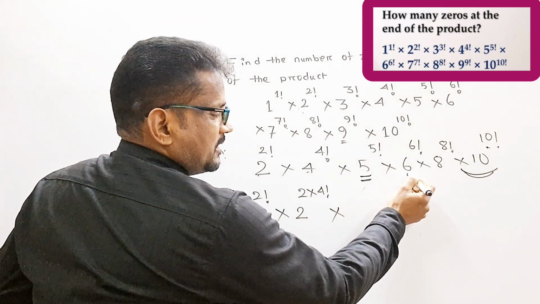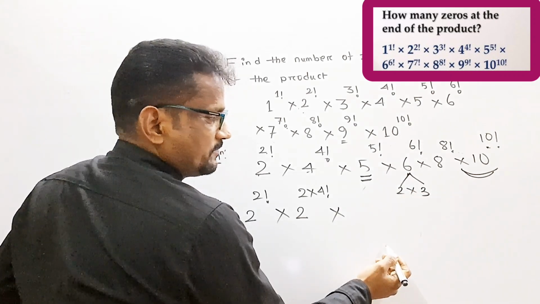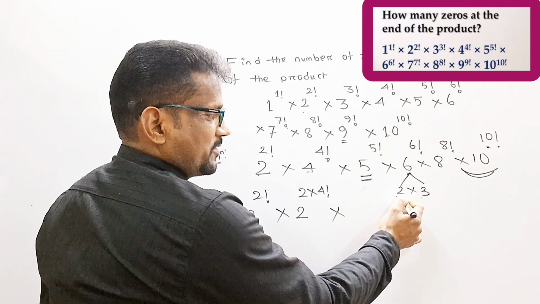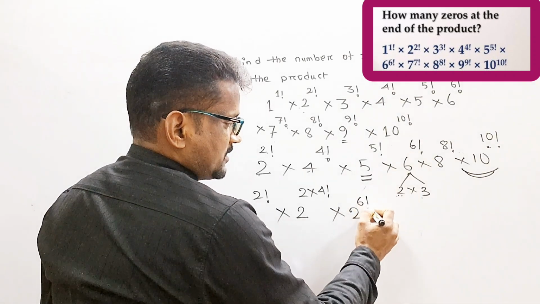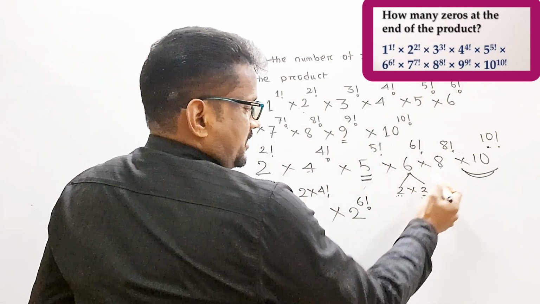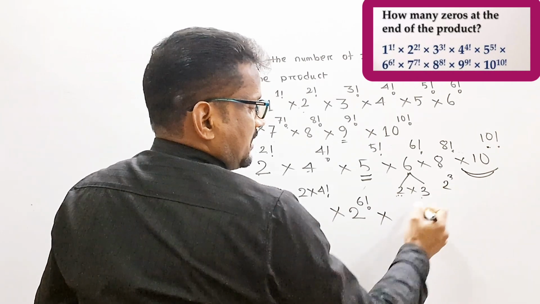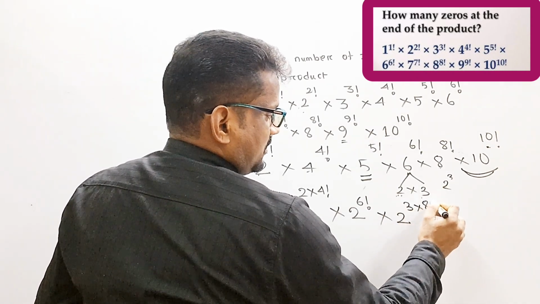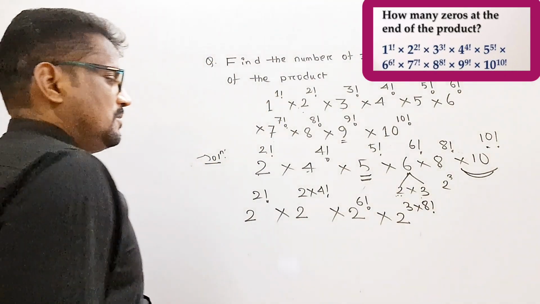Now here you will get 2, that is 6 is the product of 2 into 3. For our purpose 3 is not required, only 2 is required. That's why 2 to the power 6 factorial. Next 8 is here, 8 means what? 2 cube. That's why it will be 2 to the power 3 into 8 factorial. I think it's clear now.